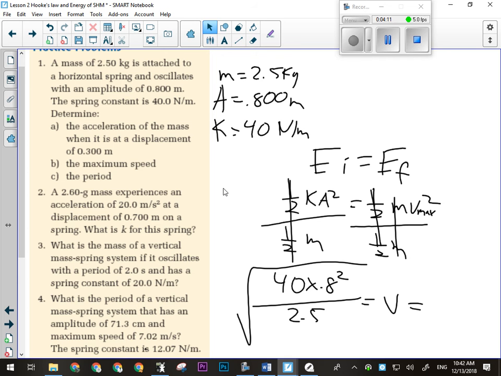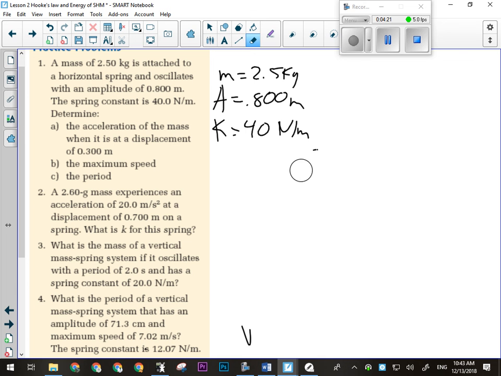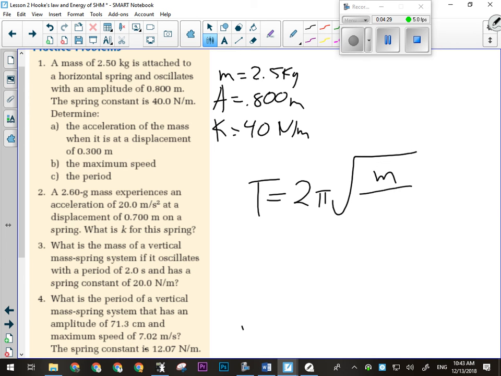Okay, and then the last part wants us to find the period, which I can find because I have both m and k, which are part of the period formula for a mass on a spring. So the period of a mass on a spring is 2 pi times the square root of m divided by k. So 2 pi times the square root of 2.5 divided by 40.